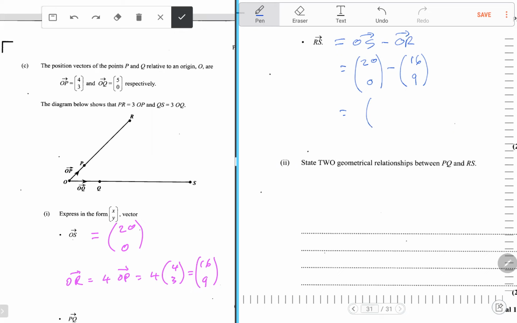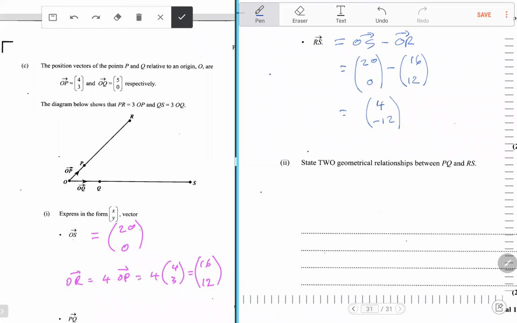Let's check this again. No, this is not 9, this is 12. 4 times 3 is 12. So it becomes 4, and 0 minus 12 is -12.